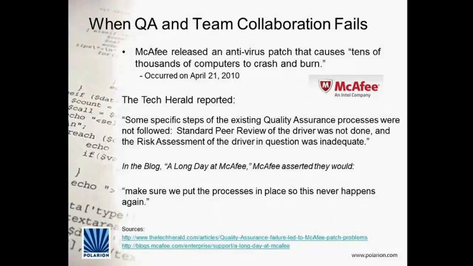The cause behind this, as Tech Hill reported, was the failure to not only follow existing QA procedures, but also a lack of communication between risk assessment and quality assurance in determining what steps were needed to mitigate risk. On their blog, McAfee asserted that they would make sure that they put these processes in place so this never happens again. Throughout this presentation, I'll try to show you ways that Polarion can help you put similar processes in place, so we can help you avert a catastrophe of this magnitude.